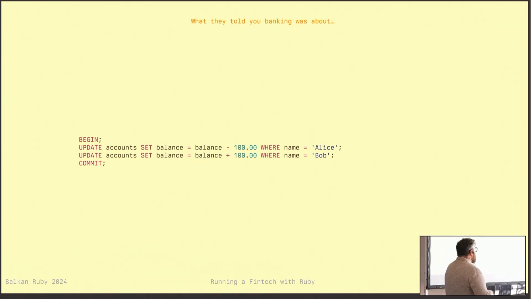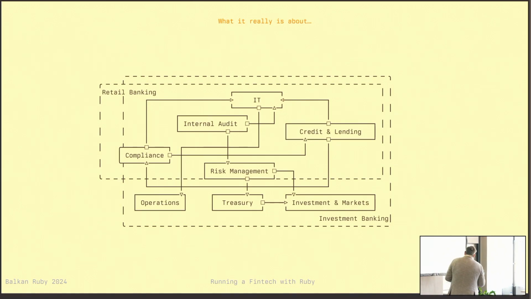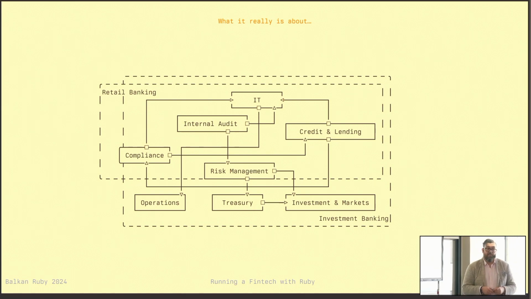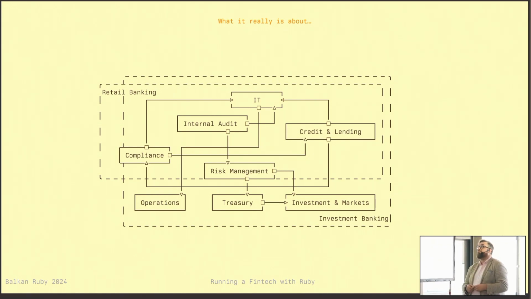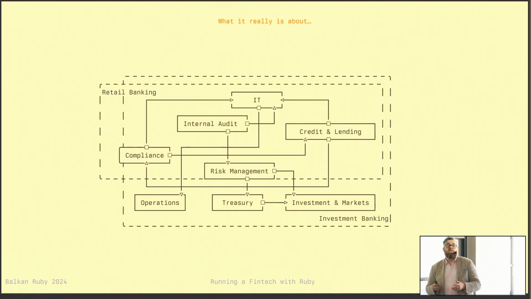The problem is that this is just not real in 99.99% of the cases. What is more accurate is this kind of messy thing of what a bank looks like from the inside. A lot of different stakeholders, each one of them with their own priorities, their own roadmap, different abilities, skills, capabilities, authority, and the technical side of the bank is mostly an enabler.